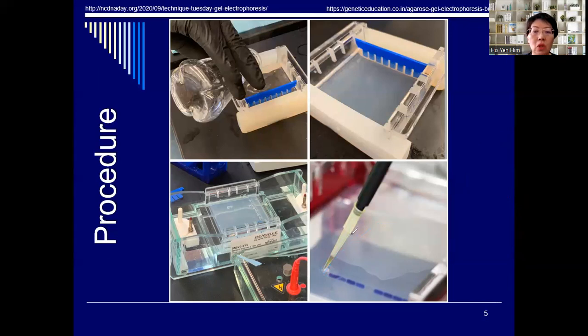Because DNA is colorless, they will also add stain to the well, so that when the DNA starts to move, we can see it as a blue band. So we can see where the DNA has traveled.